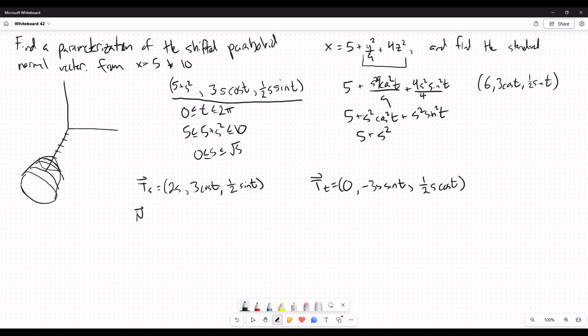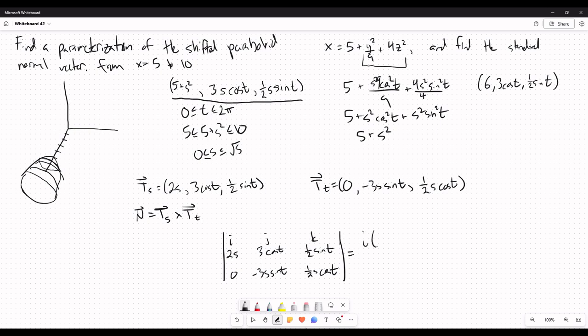And then my standard normal vector is going to be ts crossed with tt. So we'll have 2s here, 0 there. We'll have 3 cosine of t. We'll have negative 3s sine of t. And then we'll have 1/2 sine of t and 1/2 s cosine of t. So what does this get us?